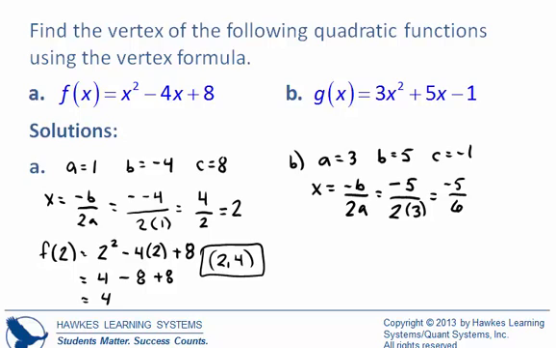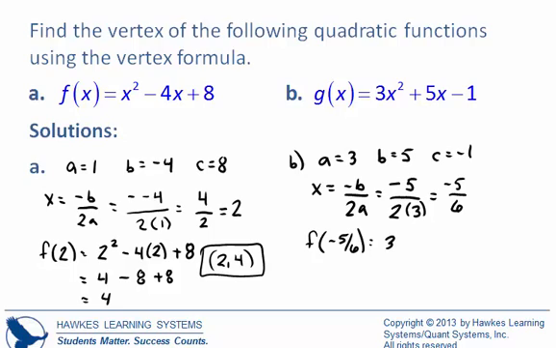We then want to substitute in for the y. So we're going to evaluate our function at negative 5 over 6. We're going to put a negative 5 over 6 in everywhere there's an x.